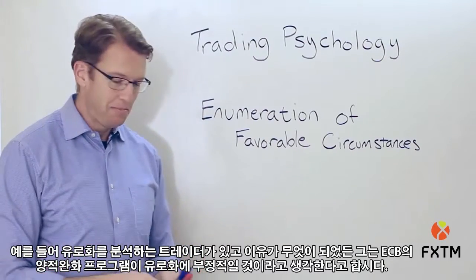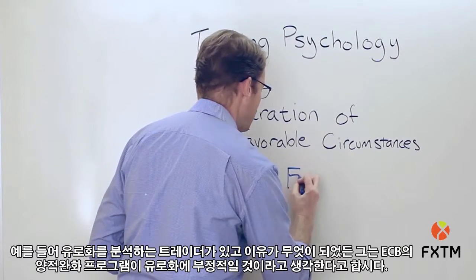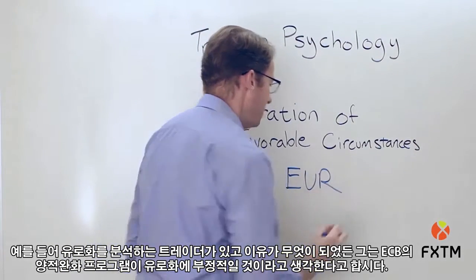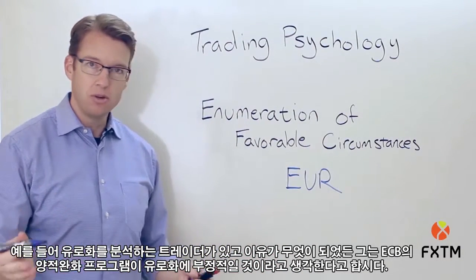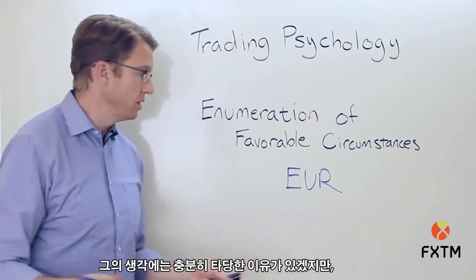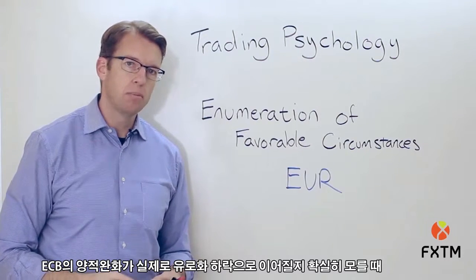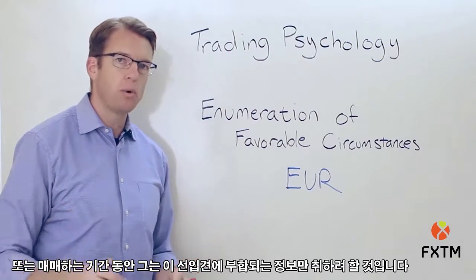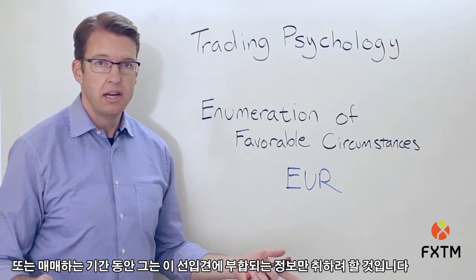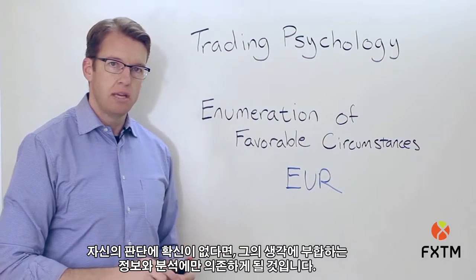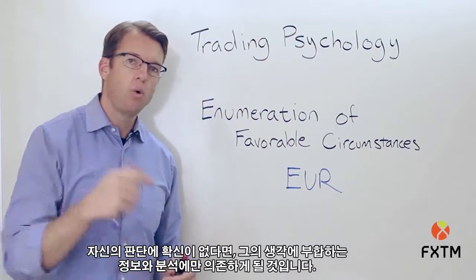So, for example, let's say that a trader is analyzing the euro and they believe that easing programs that have been launched or may be launched by the European Central Bank are bad for the euro for whatever reason. Now, they may be perfectly valid reasons, but they will therefore only evaluate information that backs up their preconception when they don't know for sure whether that is in fact going to hurt the euro within the time frame of their trade. So if they don't know for sure that it's going to do that, they will instead retreat into sources of information and analysis that only agrees with them.